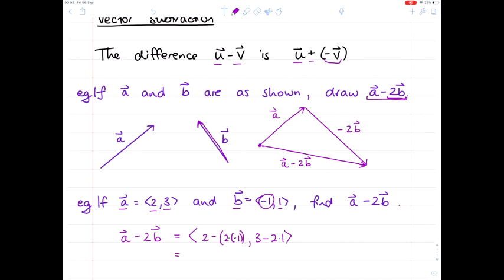So if we work this all out, it's going to be [4, 1]. So there are practice examples in the homework. It's all quite straightforward, and you'll see some examples where you use 3 components, but it works exactly the same.